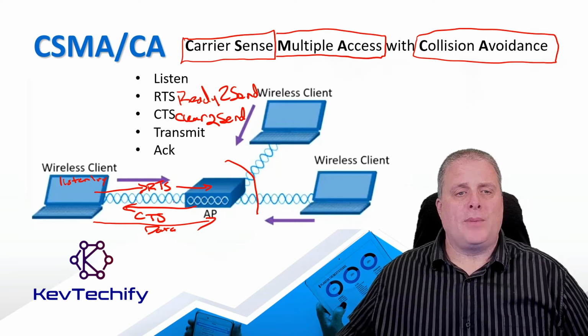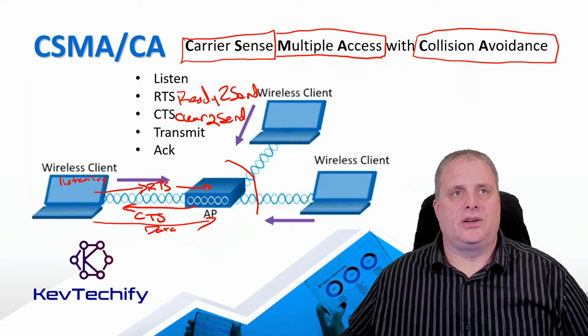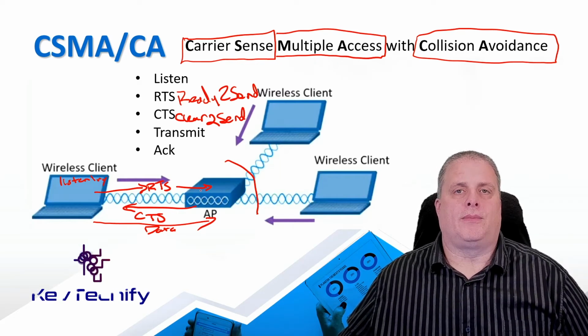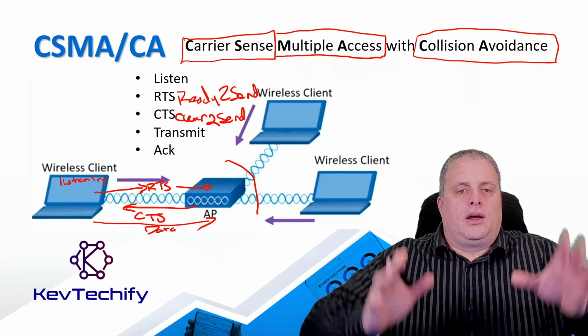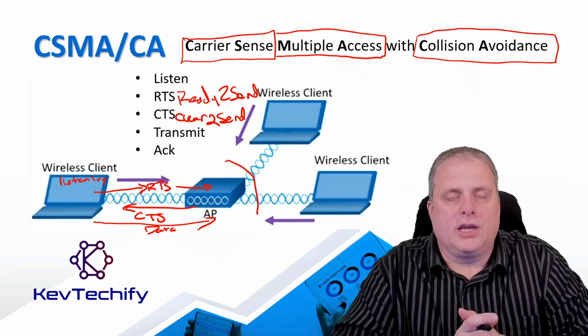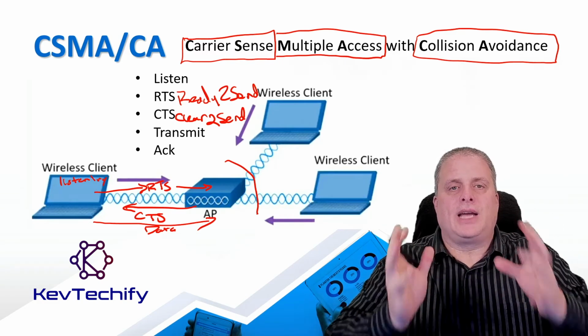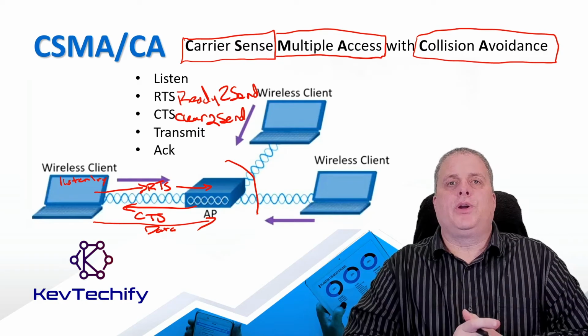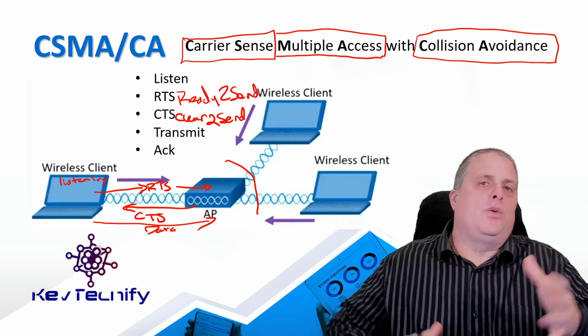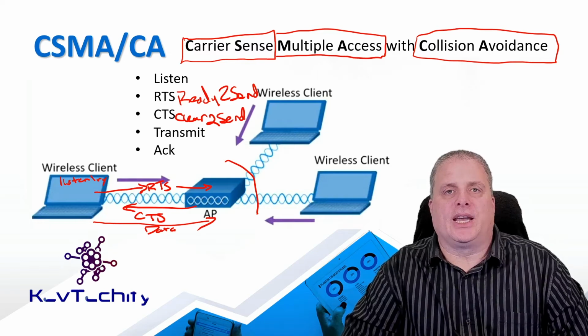Now, what happens when you send that RTS and it's not clear to send? We wait a random amount of time. It generates a random amount of time and we wait. We're talking about time here. And once again, when we talk about time with computers, you're looking at milliseconds. That random amount of time we're going to wait is 12 milliseconds. We're going to wait 23 milliseconds before we try again.